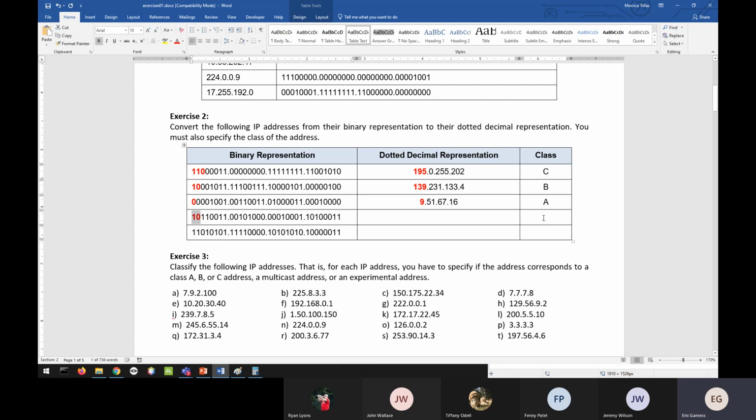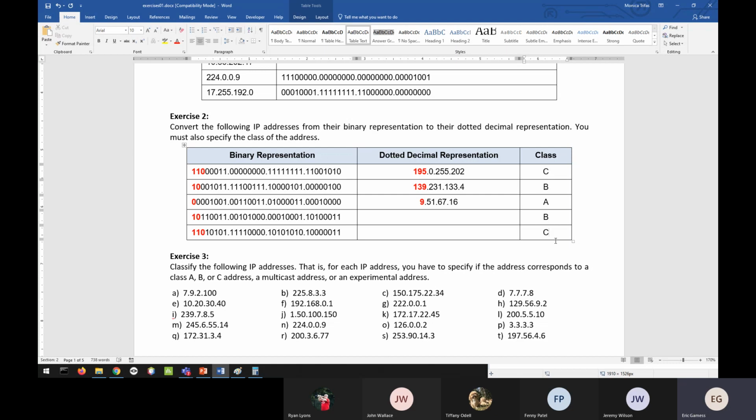Something that starts with 1, 0 is class B. So if you convert this byte, it has to be between 128 and 191. What about this one? Will it be class A, B, C, D, or E? So yes, C. Because the first 3 bits are 1, 1, 0. So this is a class C.